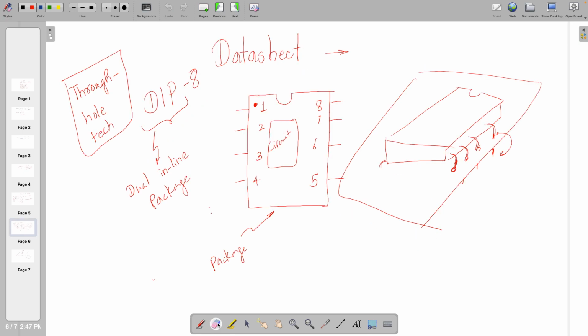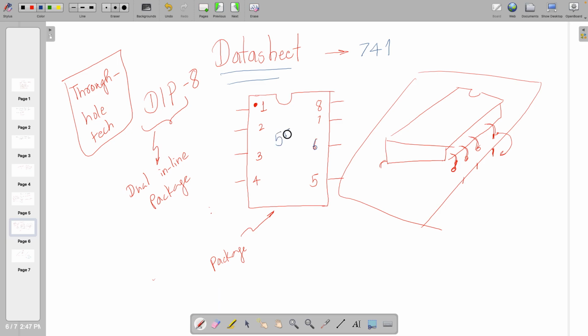But let's assume that you are going to have this IC. If you purchase some IC from the market and it is written on top 741, if you look at the datasheet for 741, you will see that it's an operational amplifier. It's a very popular one. Similar to that, 555 is also there.